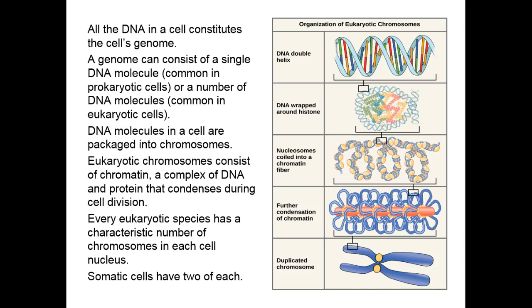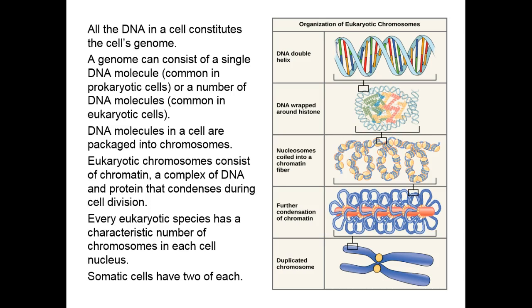DNA is packaged in chromosomes. The DNA is a double helix, as you can see at the top of this image. That double helix is base pairs of nucleotides. That DNA is then spiraled and wrapped around proteins called histones.